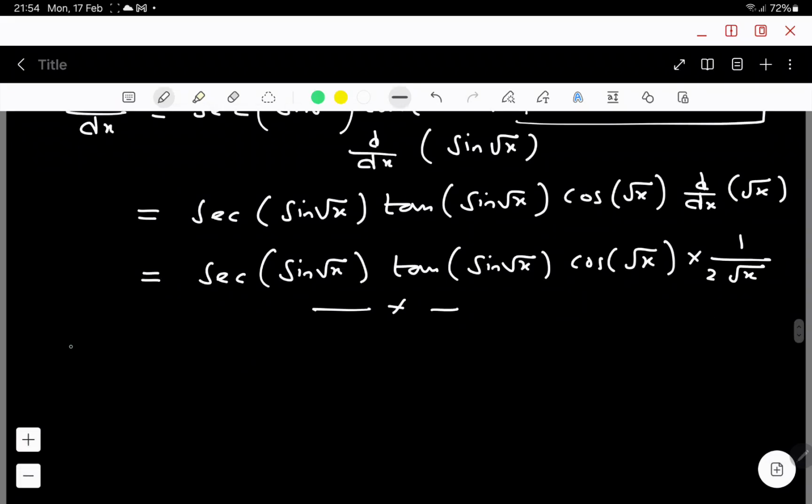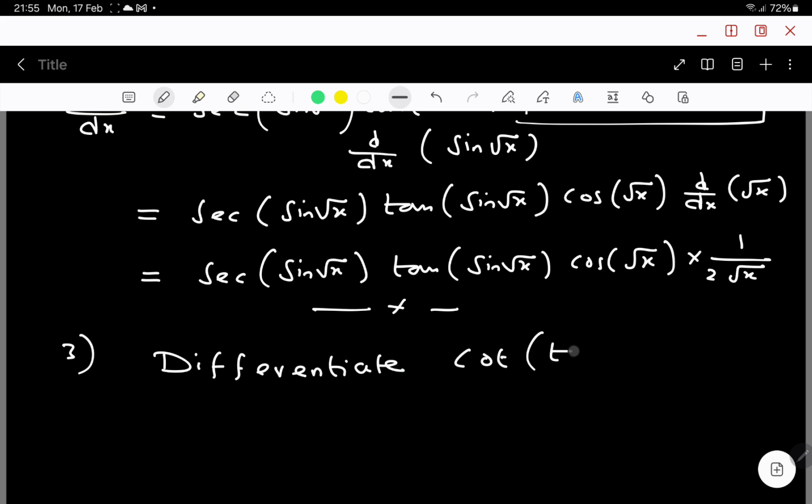Next problem, third one. Differentiate cot of tan root x.